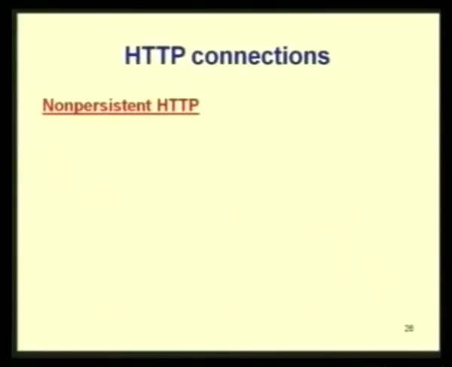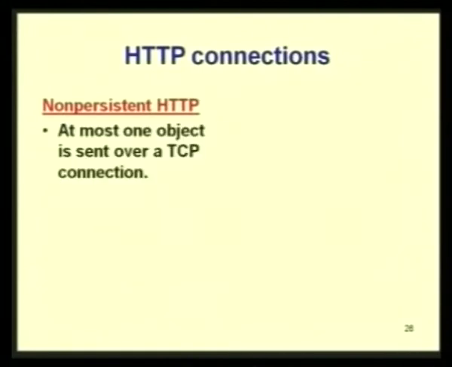So, if you look at HTTP connections, we said that HTTP uses the TCP protocol, and it will establish a connection and then close the connection. When it establishes and closes connections, there are actually different ways in which HTTP operates. HTTP has an option called non-persistent HTTP or persistent HTTP. So, let us first look at non-persistent HTTP. In non-persistent HTTP, at most one object is sent over a TCP connection.